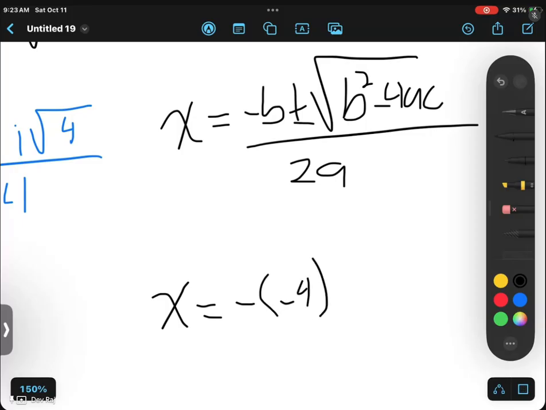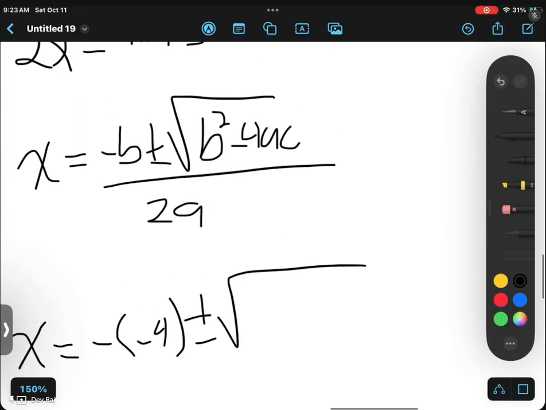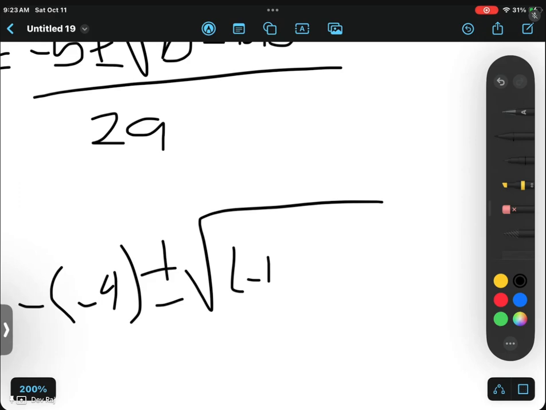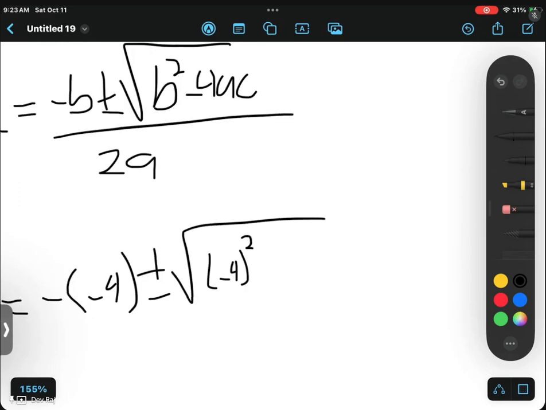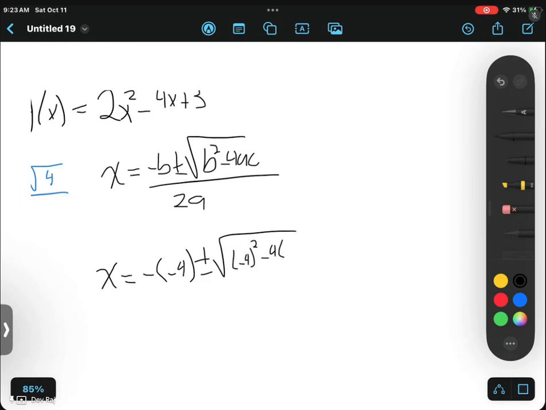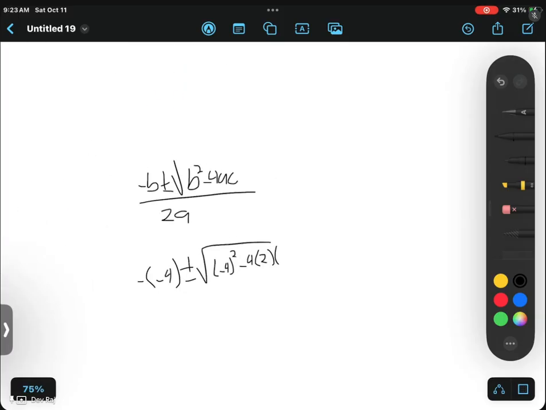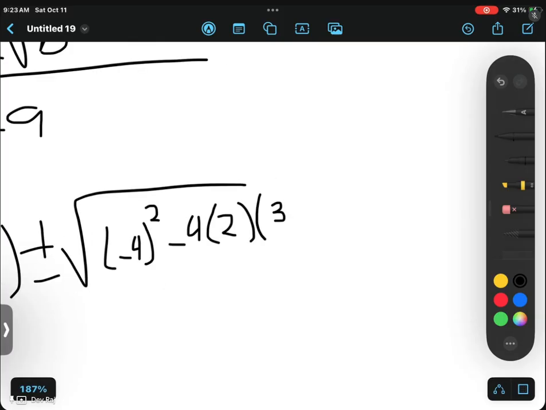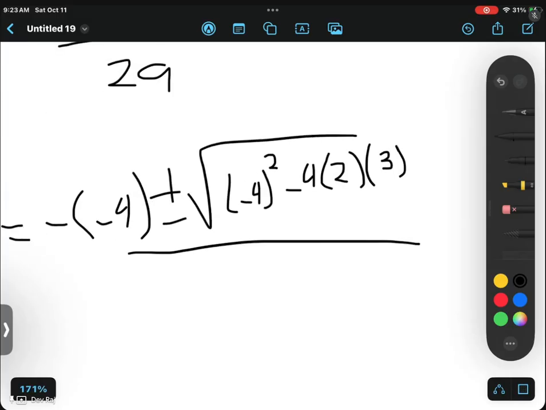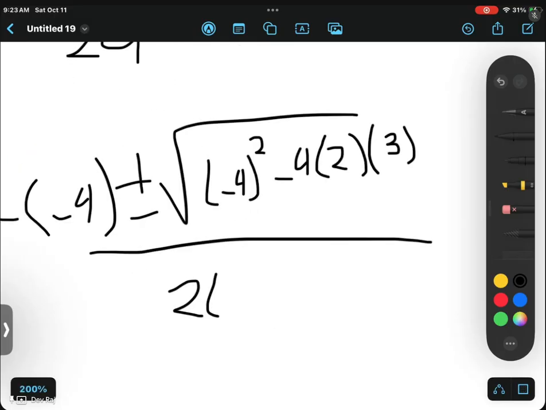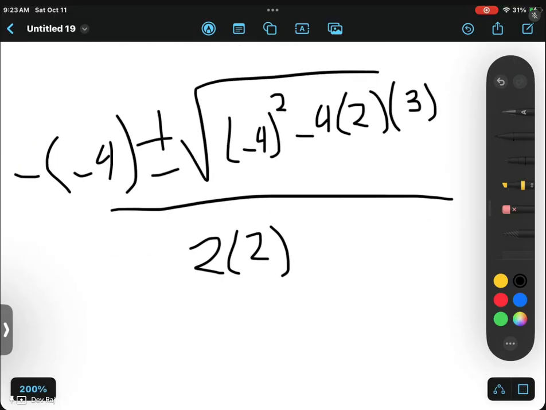Negative 4 plus minus, b squared is negative 4 squared, minus 4, and a is 2, and then c is 3, and this is all over 2, and then a is 2. Alright, are you good so far on what we have?